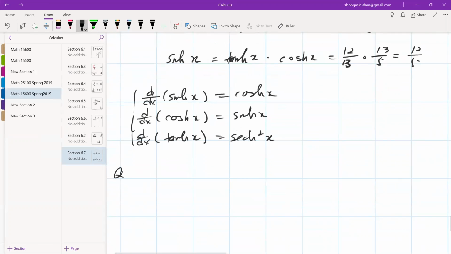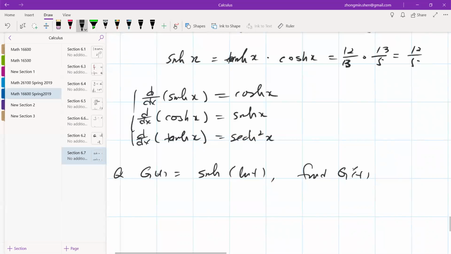So let's look at the following problem. g of t equals hyperbolic sine of natural log of t.